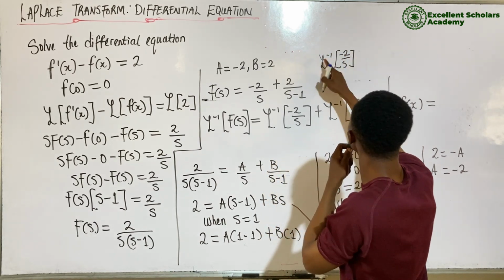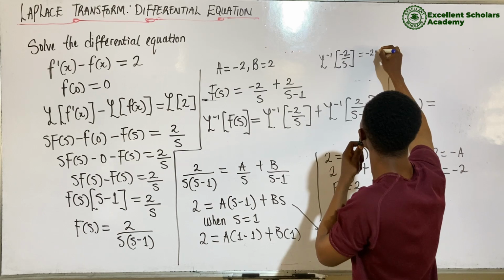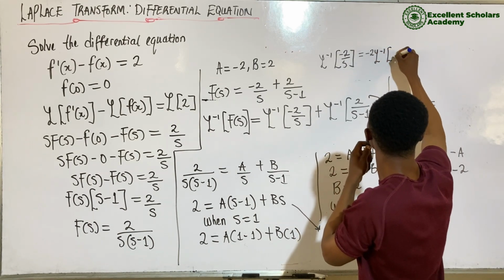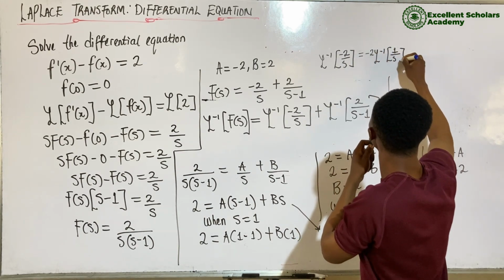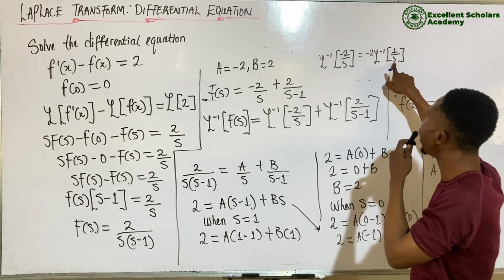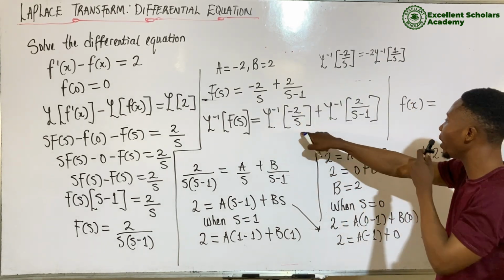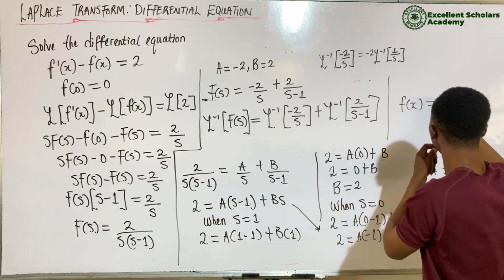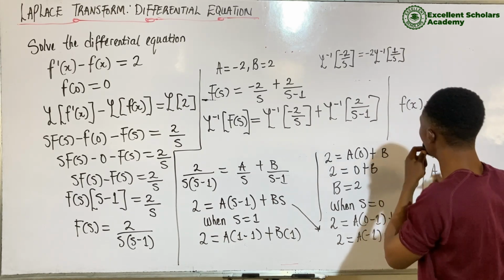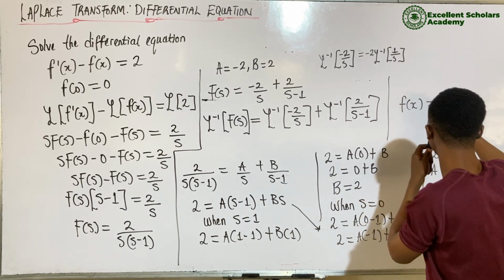You can pull out your constant, which is minus 2. You'll be left with Laplace inverse of 1 over s. Now Laplace inverse of 1 over s gives you 1. Now minus 2 times 1 gives you minus 2. So the Laplace inverse of minus 2 over s is going to give you negative 2.